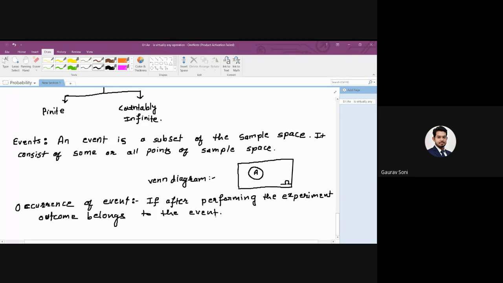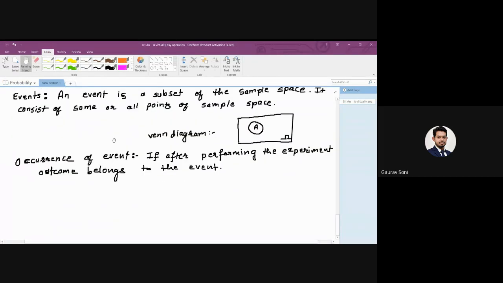So I'll perform a certain experiment, and I'll write down one example. A coin is tossed thrice.